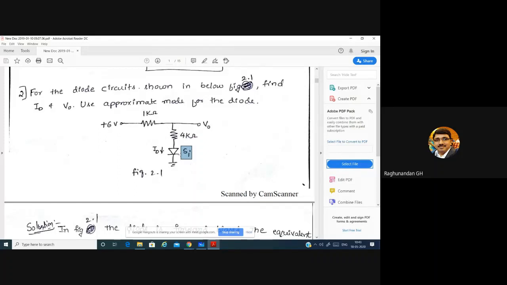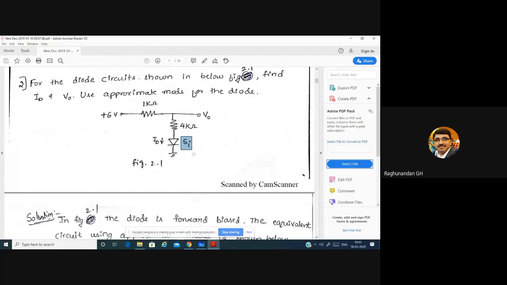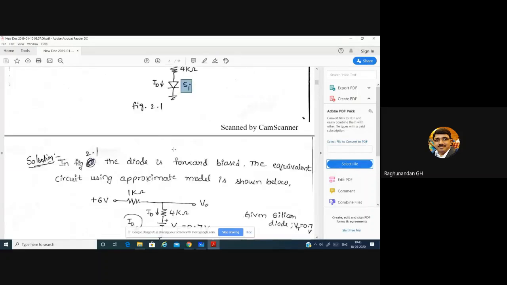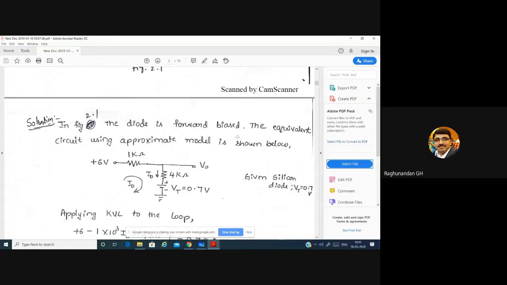They'll just mention it in the circuit. If they just mention it as Si, that indicates the diode is a silicon diode. So whenever it is a silicon diode, you have to consider the cut-in voltage, the drop-in voltage, as 0.7. Okay, so now the circuit is given like this.